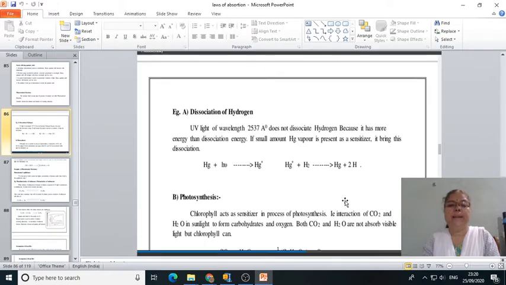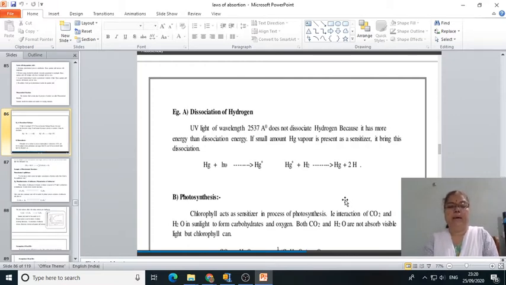Then the second example is photosynthesis, and all of you know that in the photosynthesis reaction, chlorophyll acts as a sensitizer, and in presence of CO2 and sunlight, plants produce carbohydrates and oxygen.